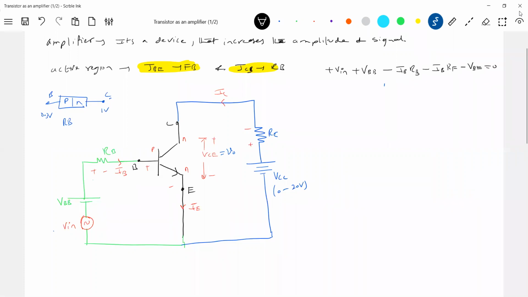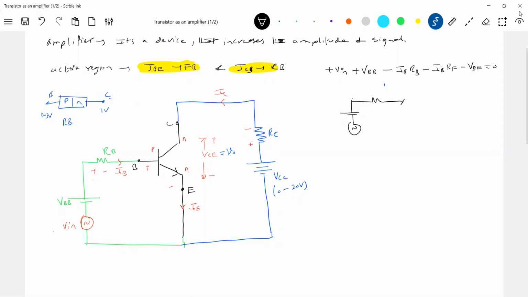I am bringing so many things here. From where has this RF come, the forward resistance? Most of you get confused, so I'll give one small help. From where has this equation come? Just follow it. So there's a base, no?